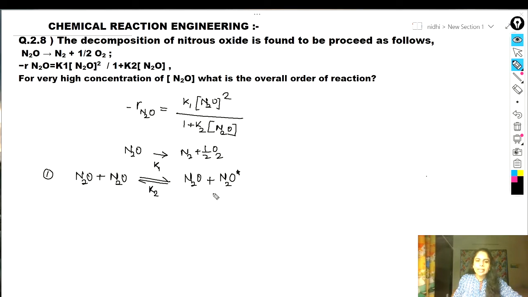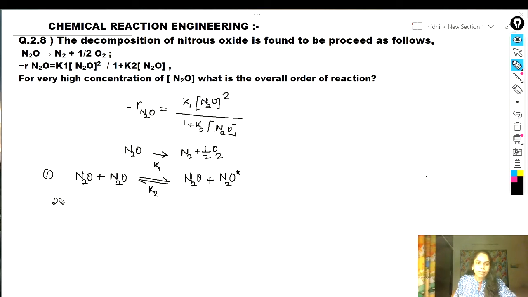Let's take this as the intermediate, which is forming over here. We denote this intermediate by a star. What it tells us is that this product is unstable, and it further reacts, and then you will get your final product.